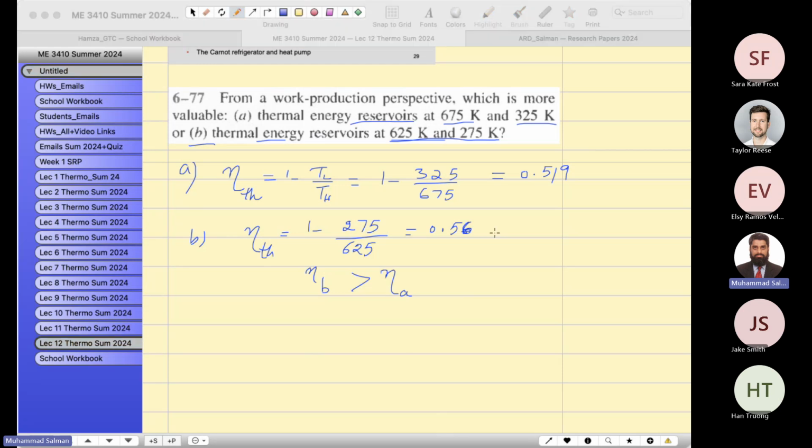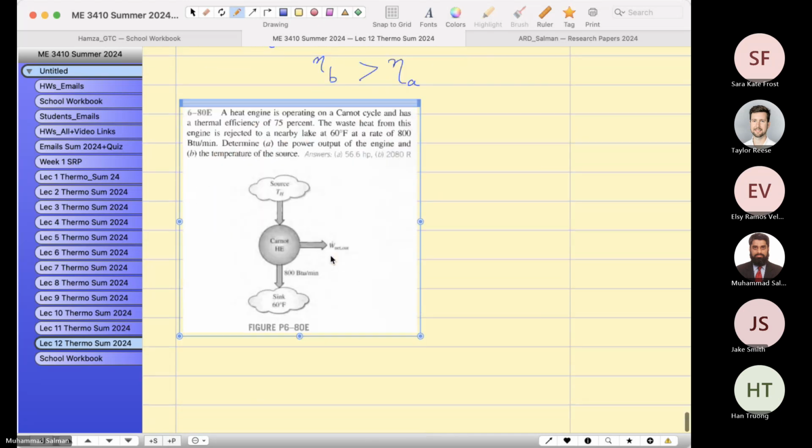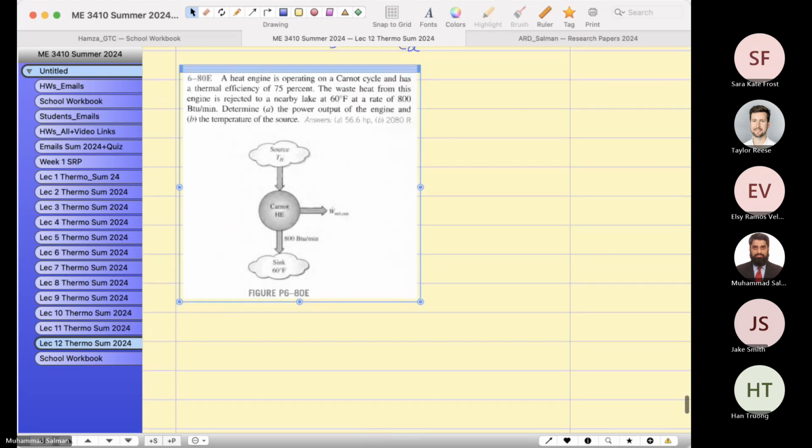Okay, let's do question number 18. A heat engine operating on a Carnot cycle, meaning a purely reversible cycle, has a thermal efficiency of 75%.